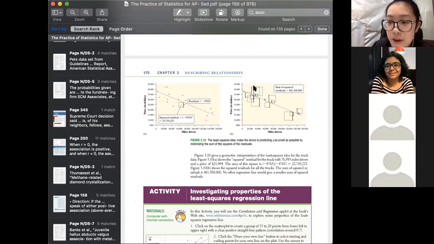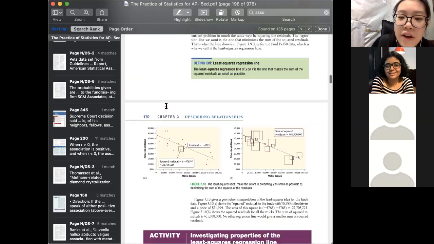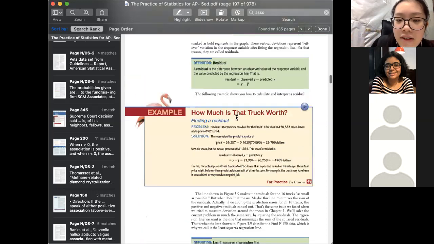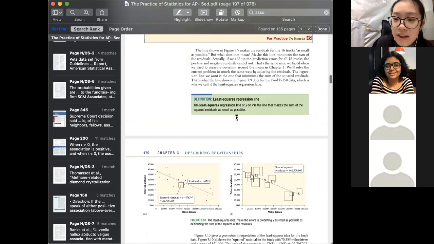We need that value to be as small as possible, so that's the line that we want. But remember, it's not just this point minus this point, it's the sum of the squares of the residues that gives our least squares regression line. And statistics has found this to be pretty accurate for describing our data.